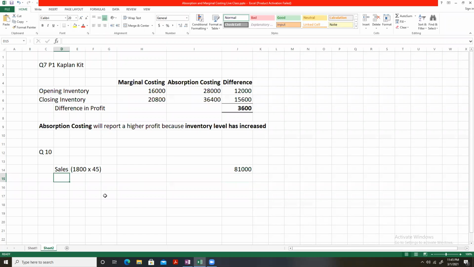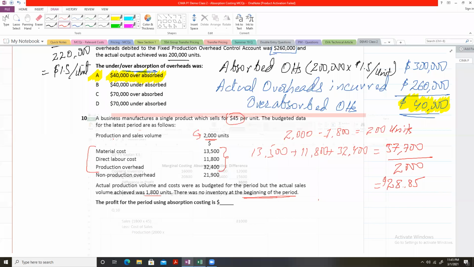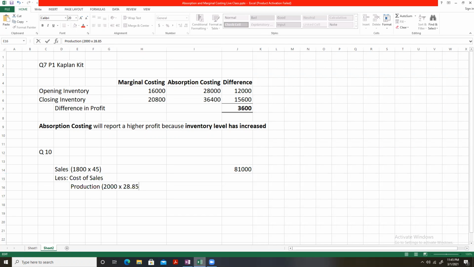Now, less cost of sales. Opening inventory was nil. How many units were produced? 2000 units were produced, and each unit was worth $28.85. This is the value of each unit of inventory.